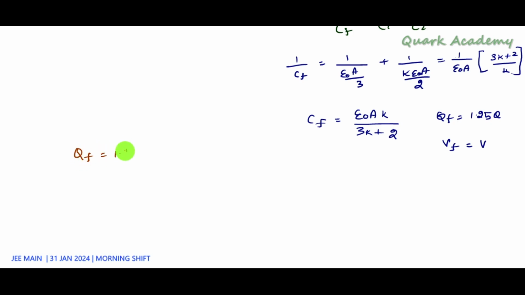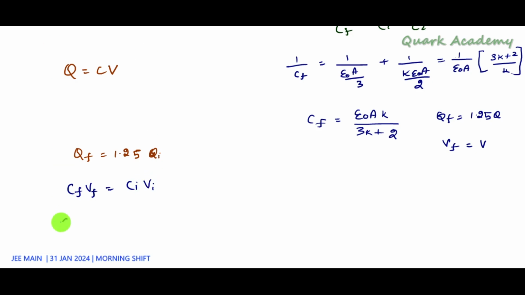Final charge equal to 1.25 times the initial charge. So how do you write charge? Charge can be written as C into V, capacitance into voltage. So I'll write here, which is equal to initial capacitance into initial voltage.